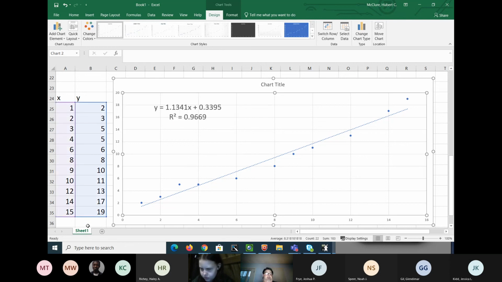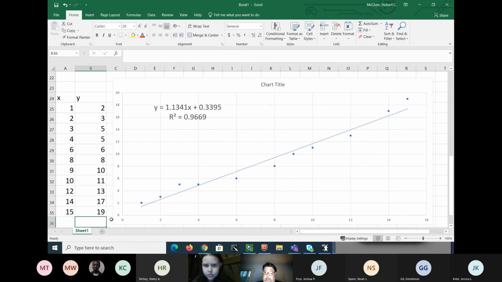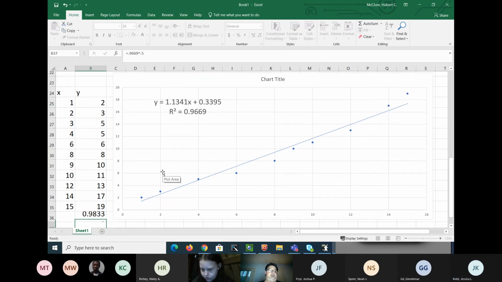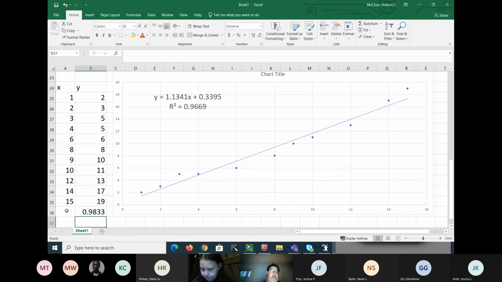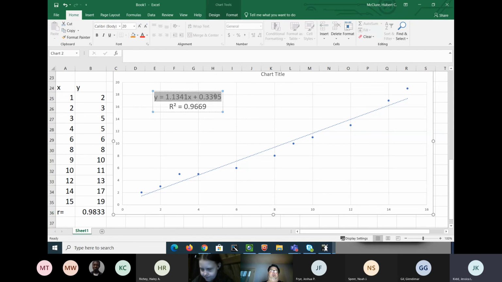So I'm going to go down here and do the square root. R equals 0.9669 raised to the 0.5 power, and R is equal to 0.9833. Okay, Miss Kidd, what did you get? Did you get these numbers? Okay, so is a the same thing as m?